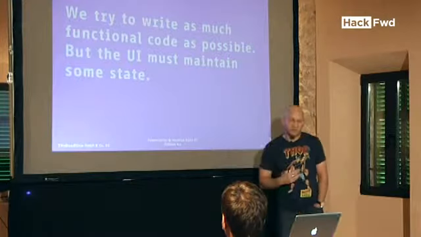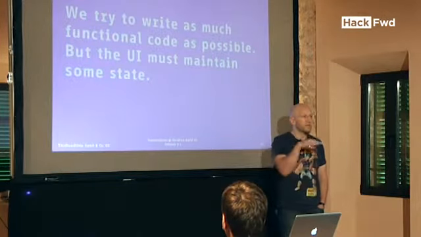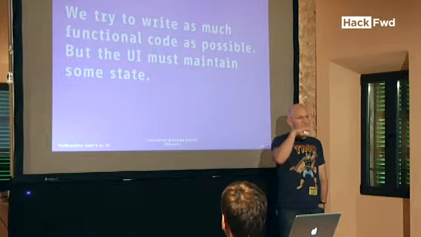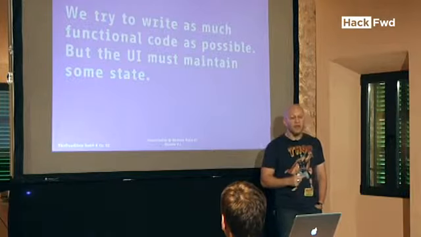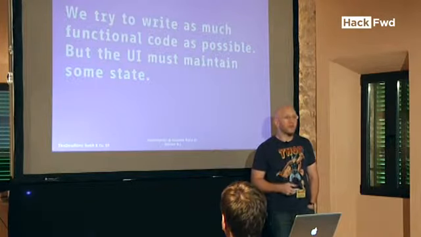Well, of course, you need some state somewhere, especially for the UI. We try to write functional code as much as possible, but when you have to render the UI, of course you have some state in the UI.